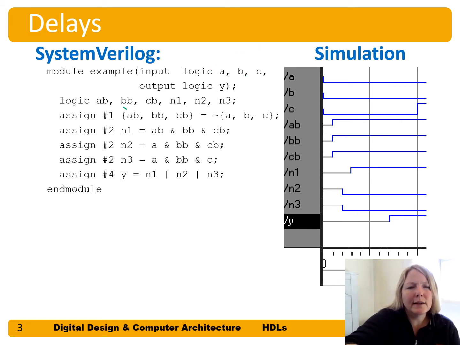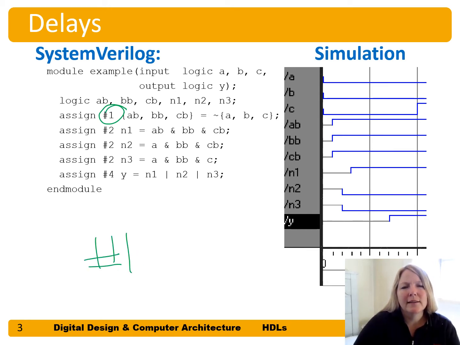And so here we see assign, and then we add this, pound 1, which indicates after 1 clock tick. This is again simulation only. After 1 clock tick of anything on the right side of the equals of the assign statement changing, change the signals on the left side.